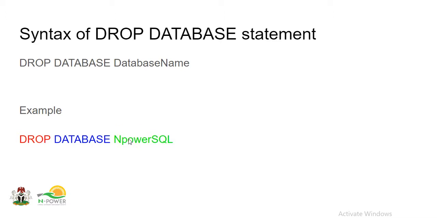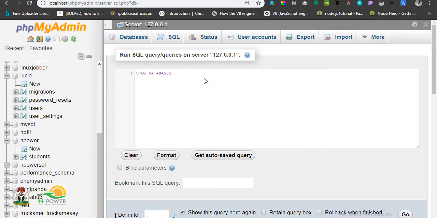Now, let's head over to our phpMyAdmin GUI. Now, let's try and drop the database we created earlier. Drop database Power SQL. I'll click on Go.